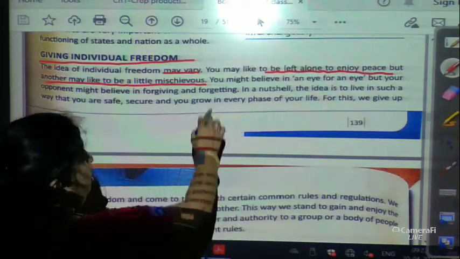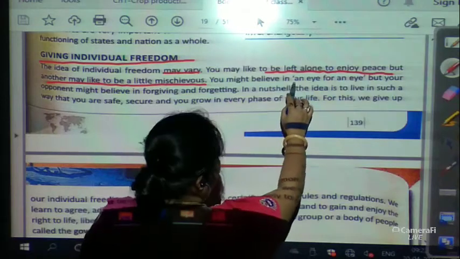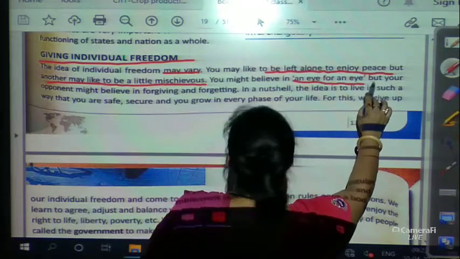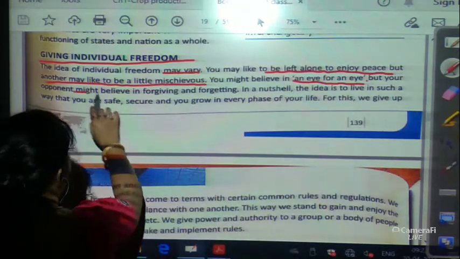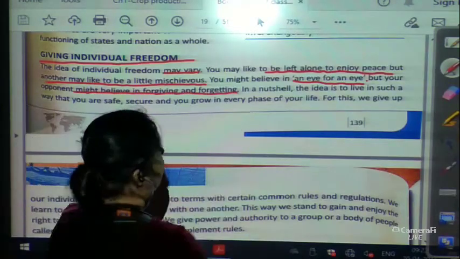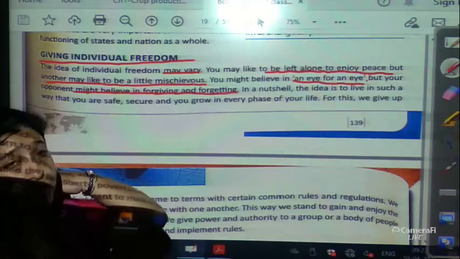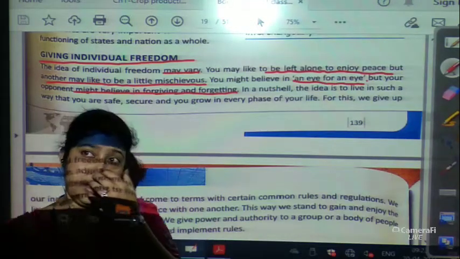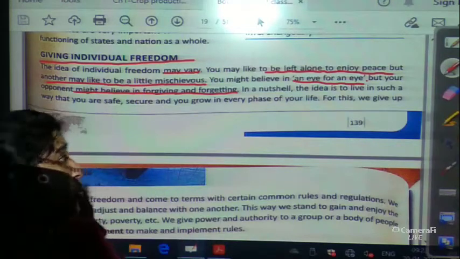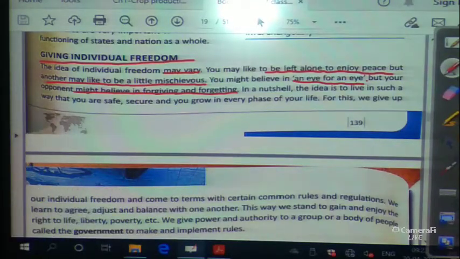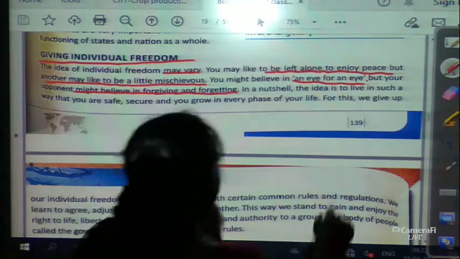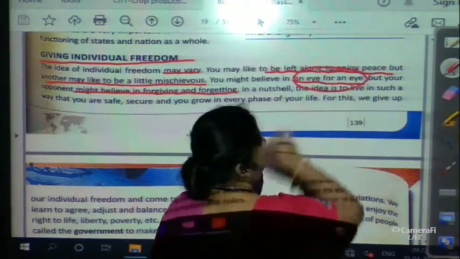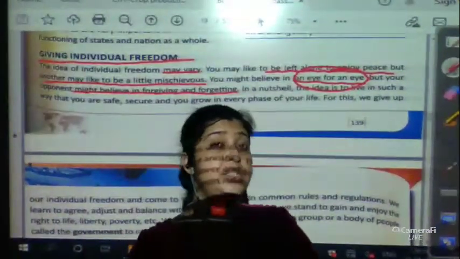You might believe in an eye for an eye, but your opponent might believe in forgiving and forgetting. Yes. So this is another example. What is the meaning of an eye for an eye? This is a phrase, and it actually means revenge.